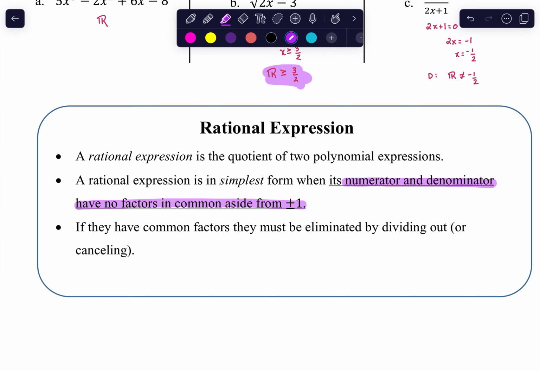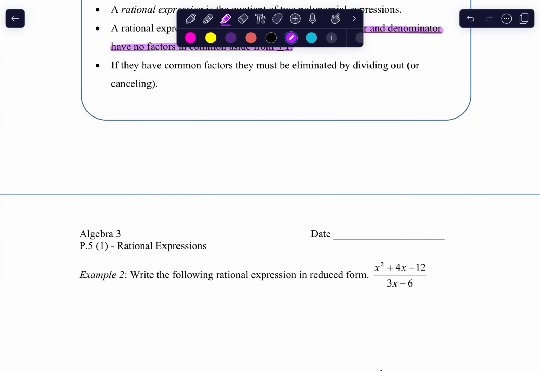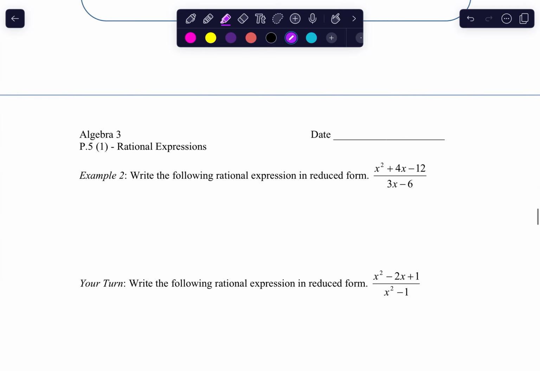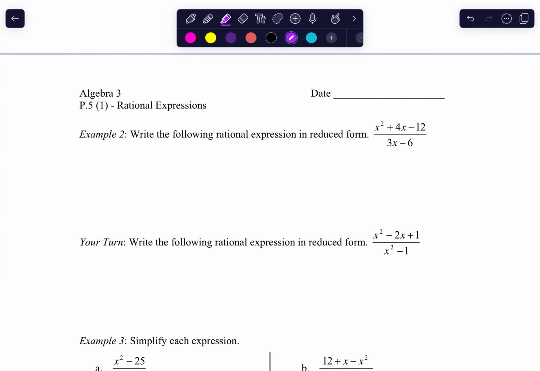Okay, so if they do have common factors, then we need to divide by that, or cancel them out. And I think this should be something you did in Algebra 2.